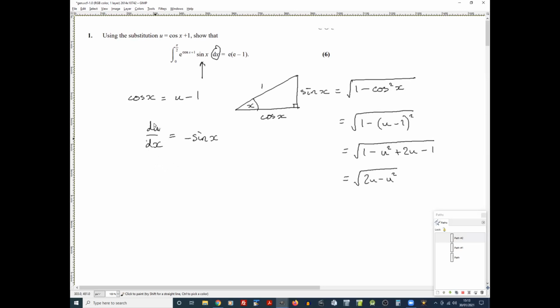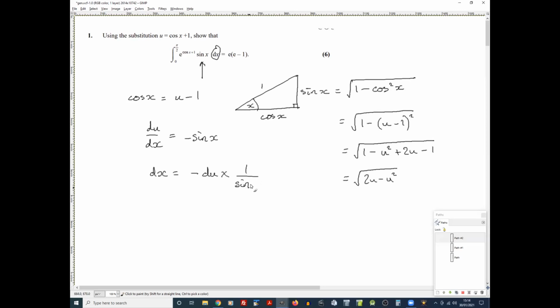I know we try not to think of du dx as a fraction often, but when you're doing substitutions, yes, you do. Suppose that means du divided by dx, then what does dx equal? Is it du over minus sine x? Yeah. So let's call it minus du cosec x, or times 1 over sine x.